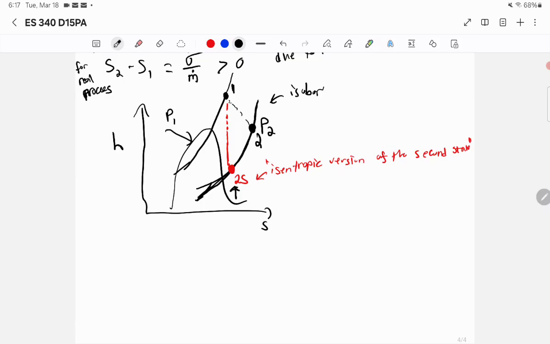Notice that I'm going up and down in H here. So that means H1 minus H2S would be my difference between those two states, and then my non-isentropic version would be H1 minus H2. So this is my real world process.